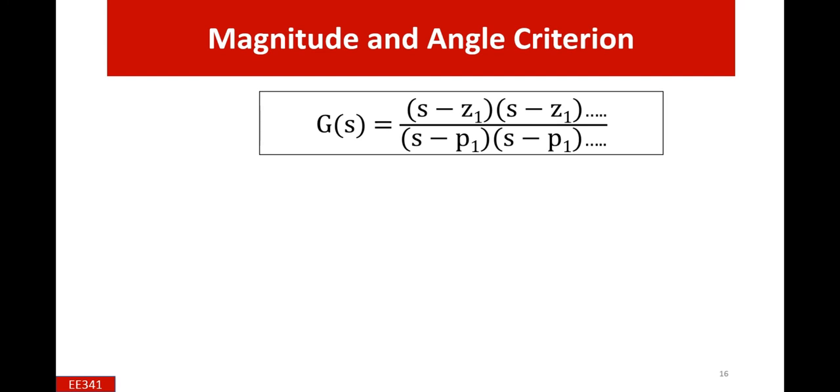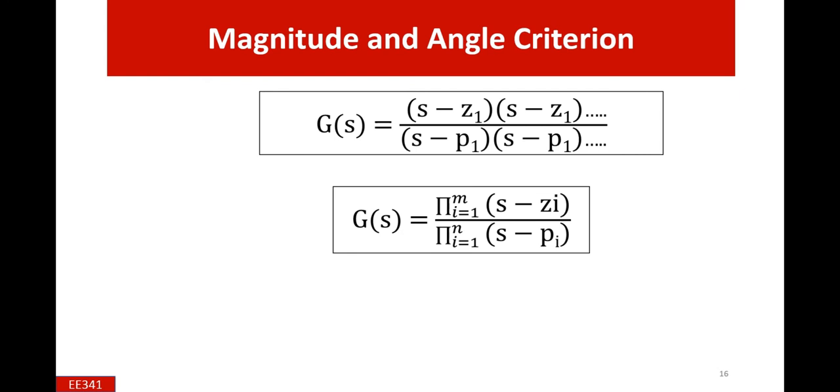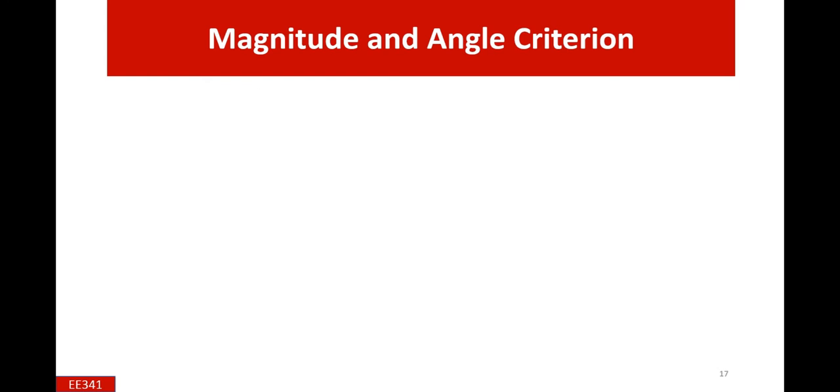If z is a real value, maybe -2 or -3, usually we take these types of functions, then s is complex, so it is the subtraction of a real number from a complex number. And similarly for the poles, and it is in the form of a product.